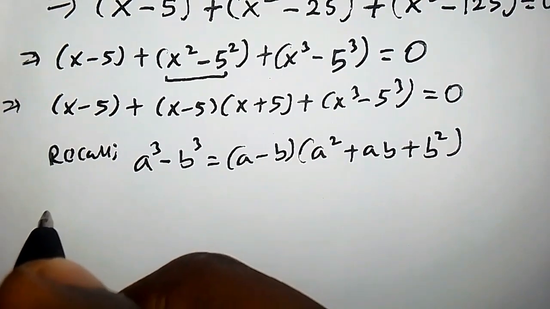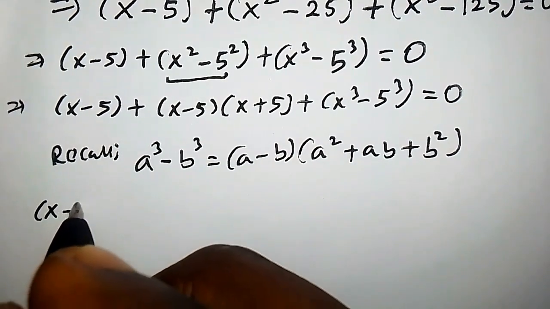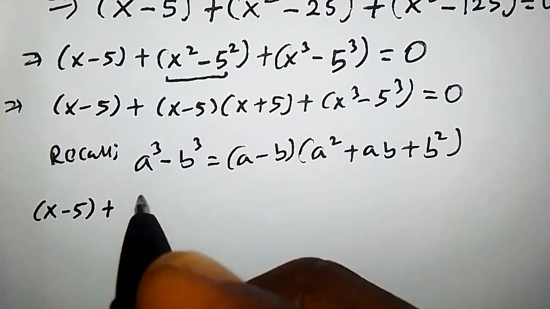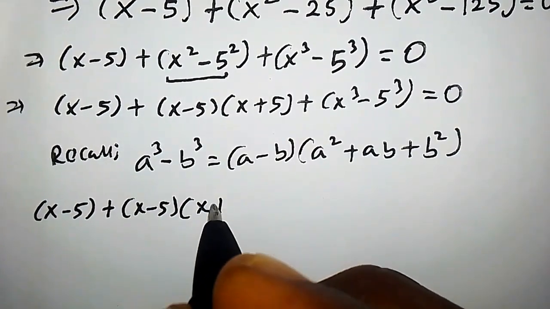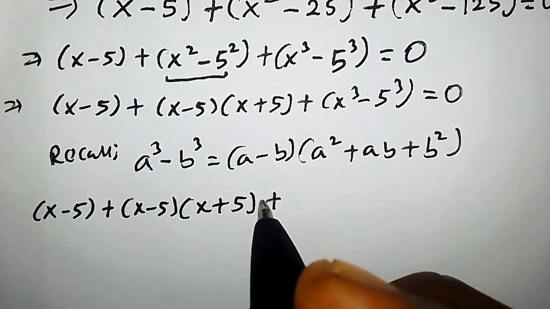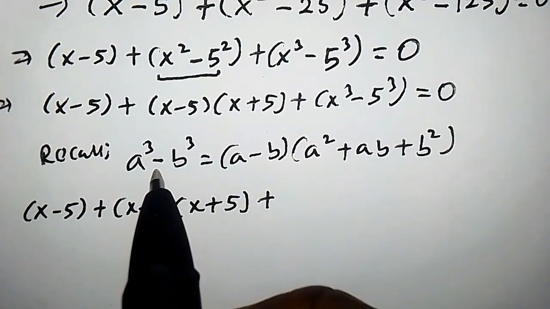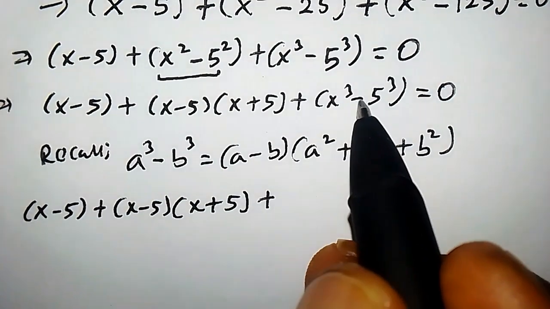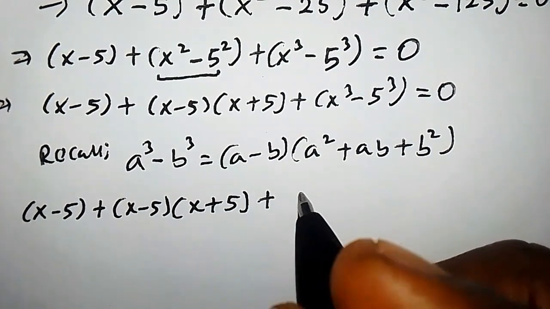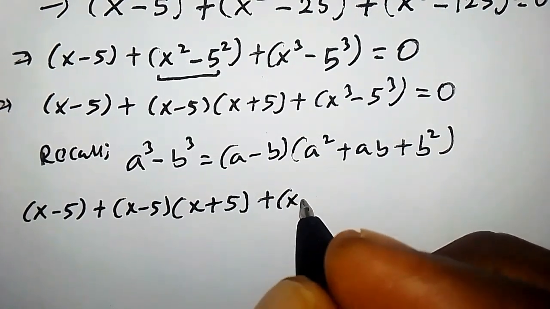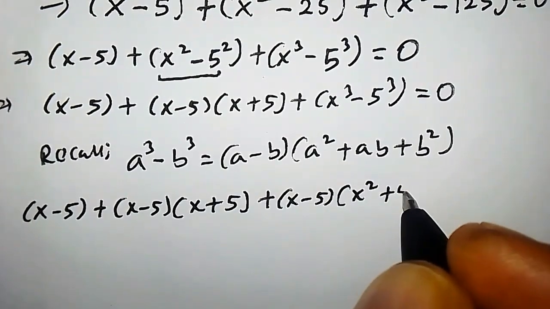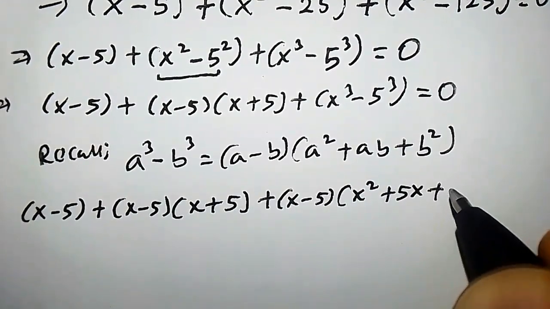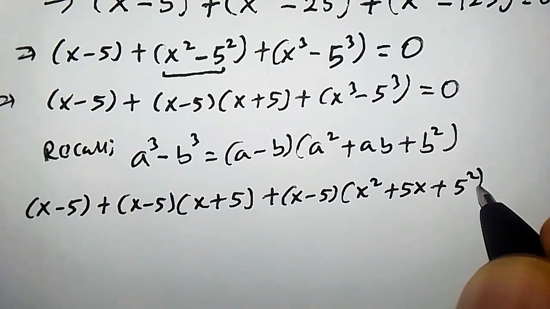So from this line, we have x minus 5 plus (x minus 5) times (x plus 5) plus, now applying this identity to this term, we simply have (x minus 5) times (x squared plus 5x plus 5 squared) equal to 0.